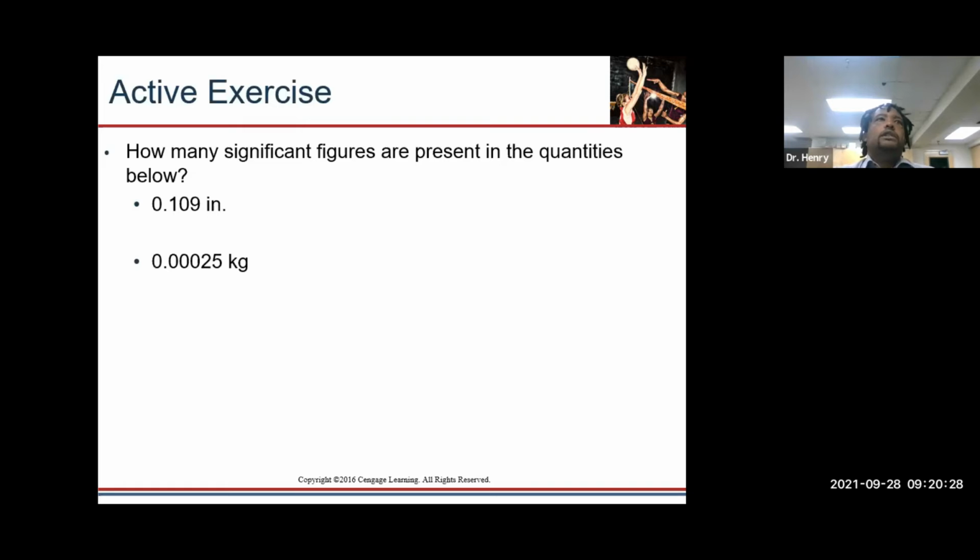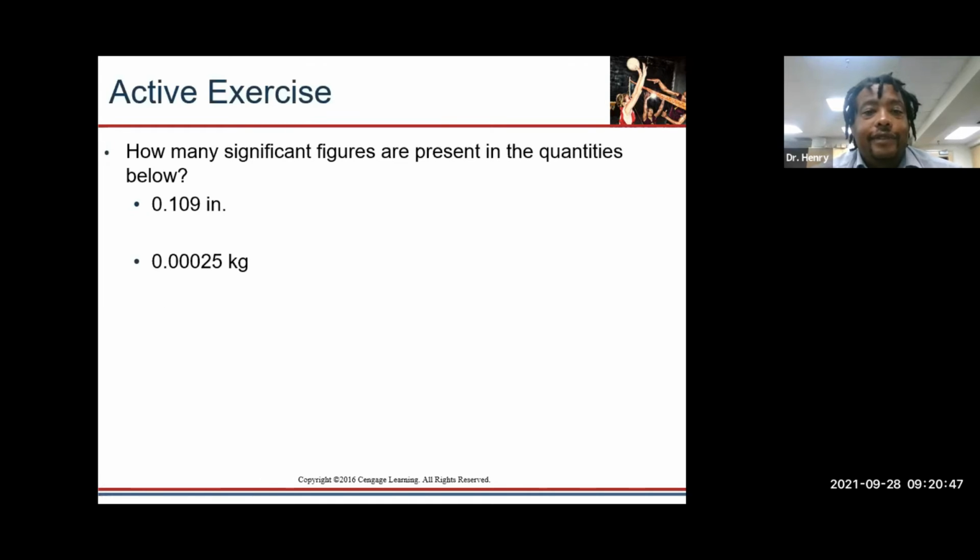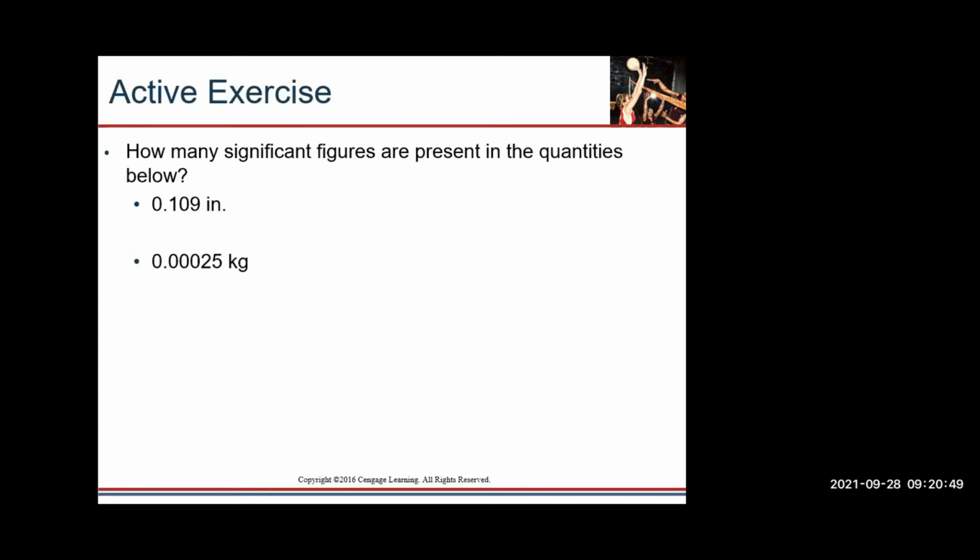Okay, so knowing what you guys know, let's start real simple. How many sig figs are in this very first number? Four? Are you sure? No, I think it's three.